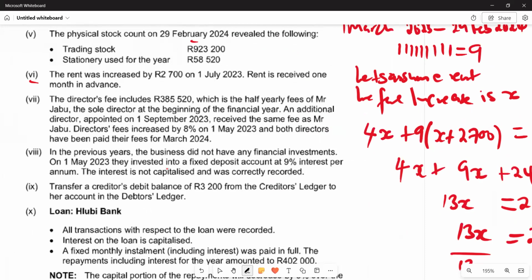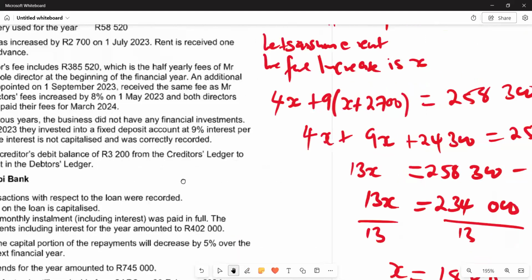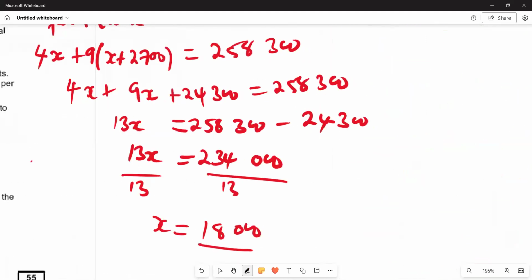Remember, we're trying to comply with the GAAP, generally accepted accounting practice, which says matching principle or accruals principle. So what doesn't belong to this year, we don't have to record it this year. So the rent for March 2024 doesn't belong to this period, so we have to subtract it. March 2024 it was already increased.